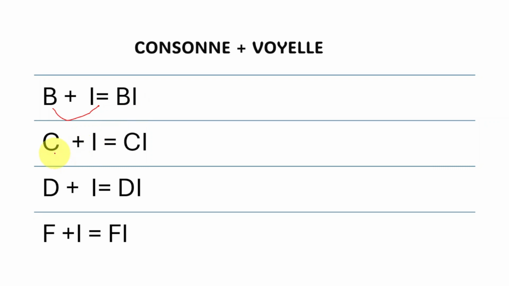C, when we combine this with E, it gives us Se, citron, okay? Or cigarette, okay? But you have to be careful here, okay? When we combine this together, here it's gonna be like De, dictée, dictionnaire, okay? When we combine this together, we got Fe, okay? So be careful, don't panic, okay?